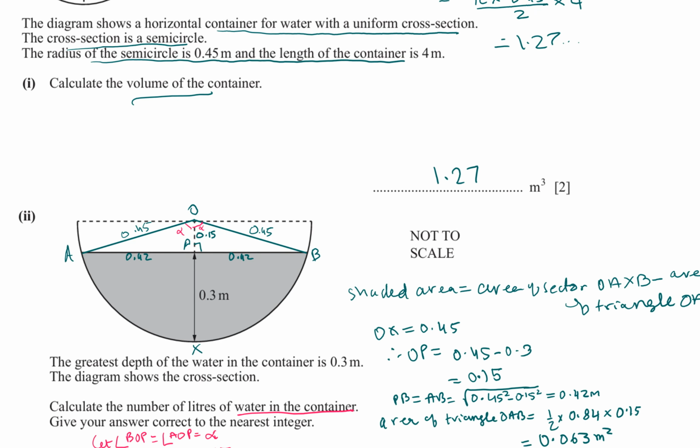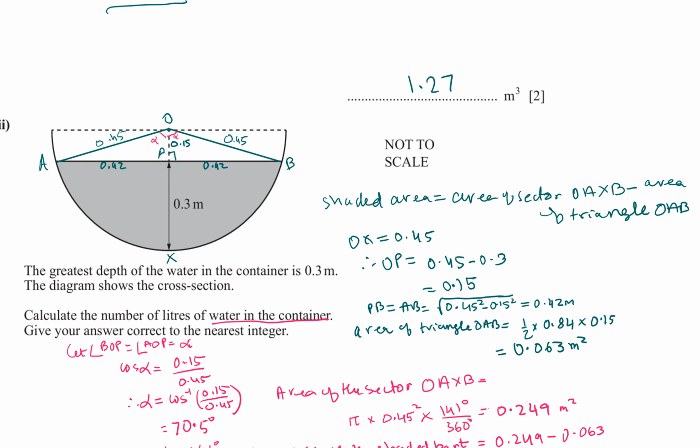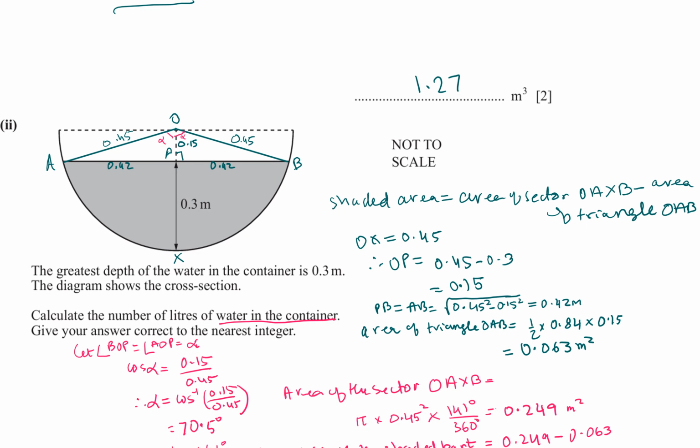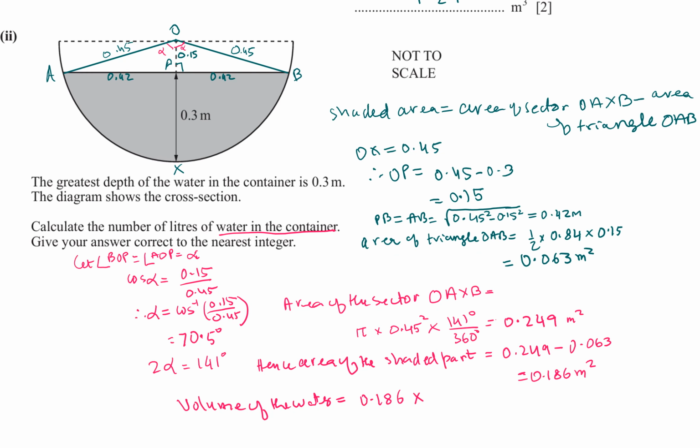So multiplied by 4, when I do that, I would get 0.744, but that is in meter cube.